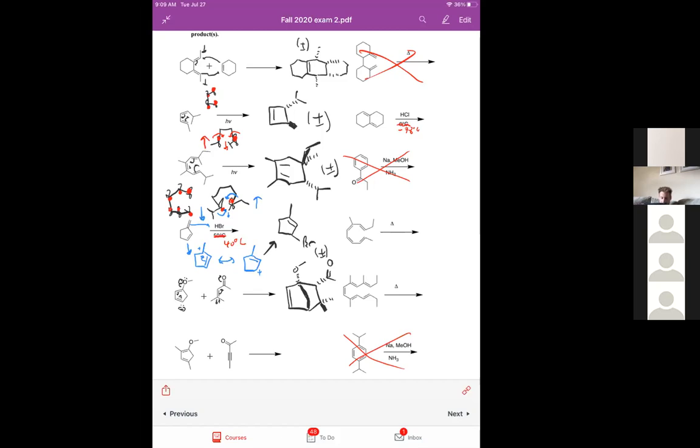Same thing on the next one. We have the same configuration. So we're going to end up with a plus here and a minus here. They're both on the bottom of their molecules so that they don't need to be flipped over.